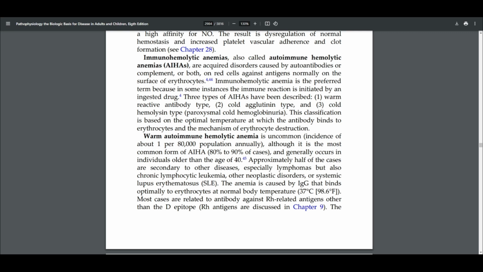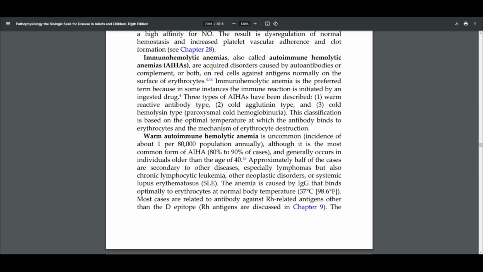Warm autoimmune hemolytic anemia is considered uncommon, although it is the most common form of IHA. The general occurrence in individuals older than the age of 40 is about 80 to 90%, but it's only 1 in 80,000.